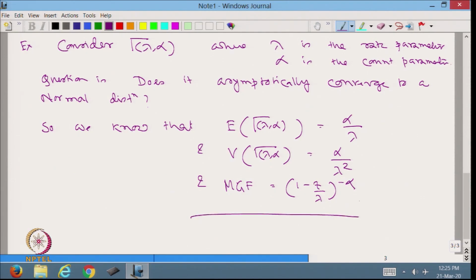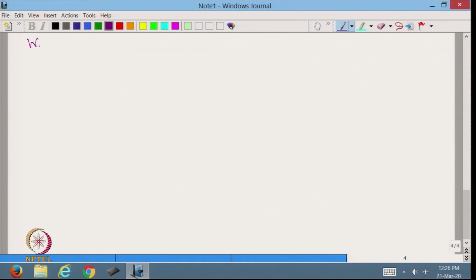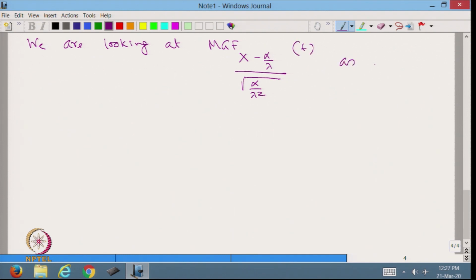These results we know. We are looking at the MGF of (x minus alpha over lambda) over root of alpha over lambda square at t as alpha goes to infinity.